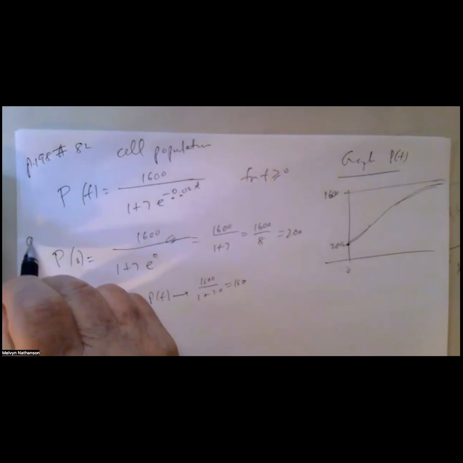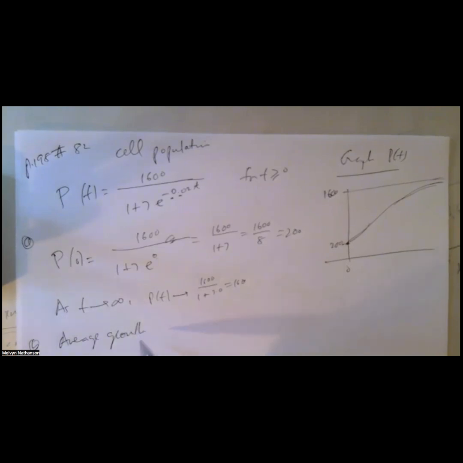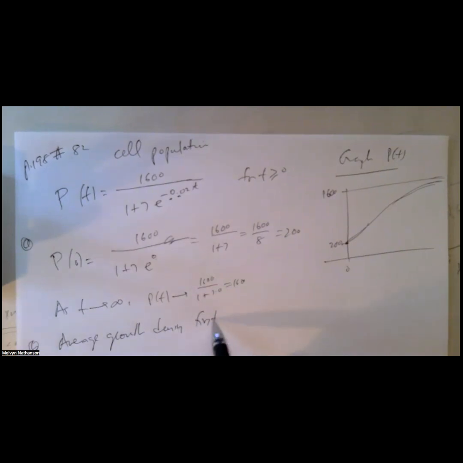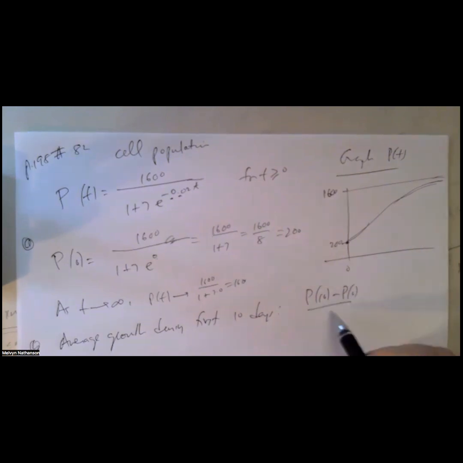So this is part A. Part B asks for the average growth during the first 10 days. That's just equal to the population after 10 days minus the initial population, divided by 10. So that's equal to 1/10 of what?